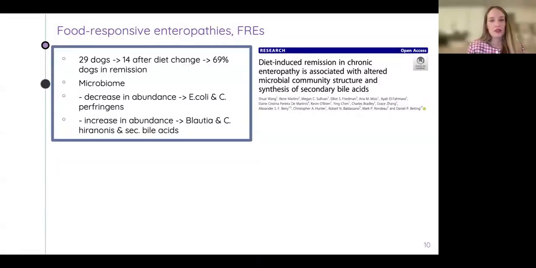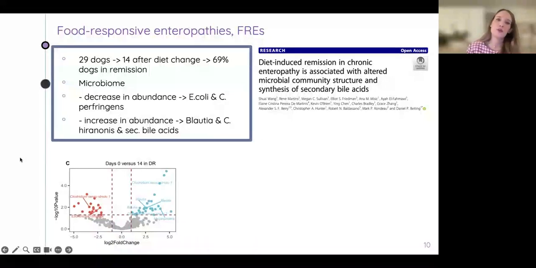And they saw in those dogs that the microbiome changed markedly. They found a decrease in the abundance of pathogens, Escherichia coli and Clostridium perfringens, and an increase in the abundance of more beneficial bacteria like Blautia or Clostridium hiranonis. Even though this bacterium has been renamed, it still has the name Clostridium.